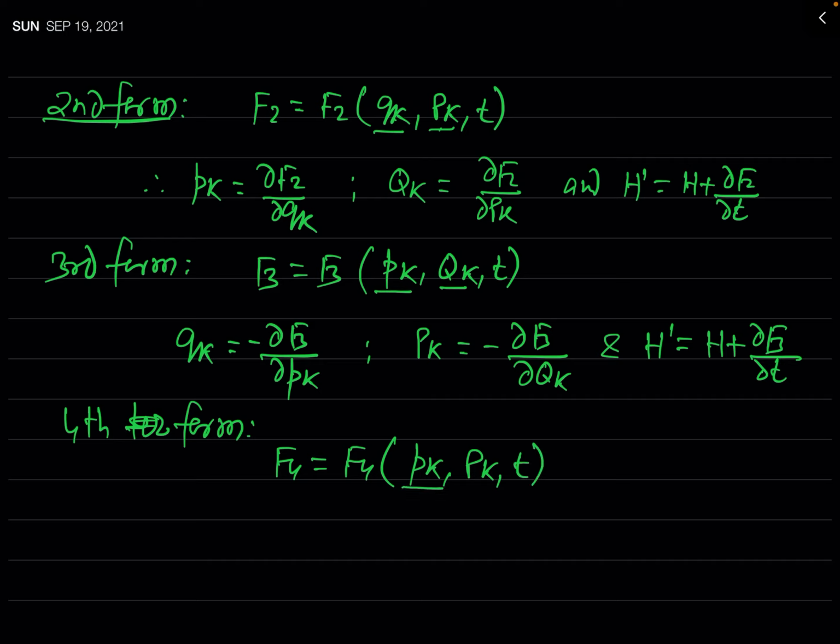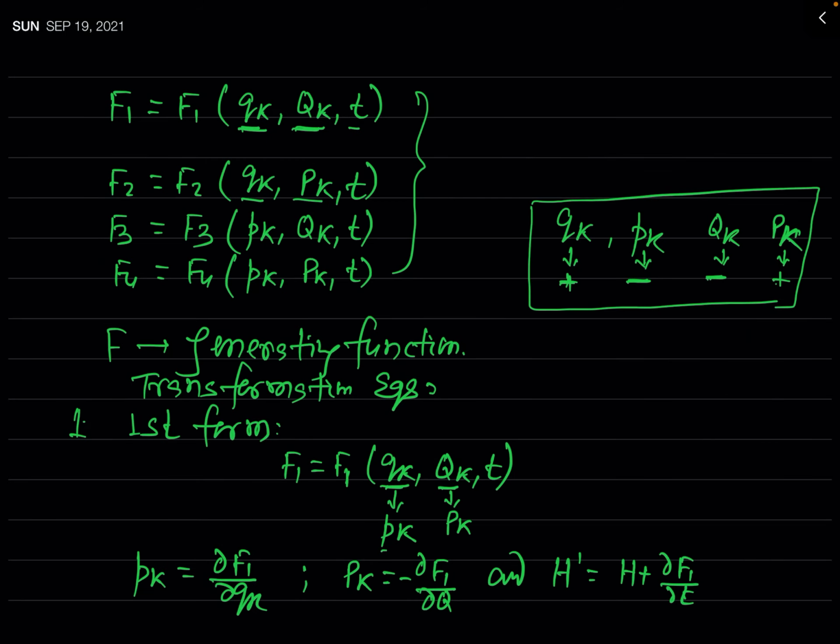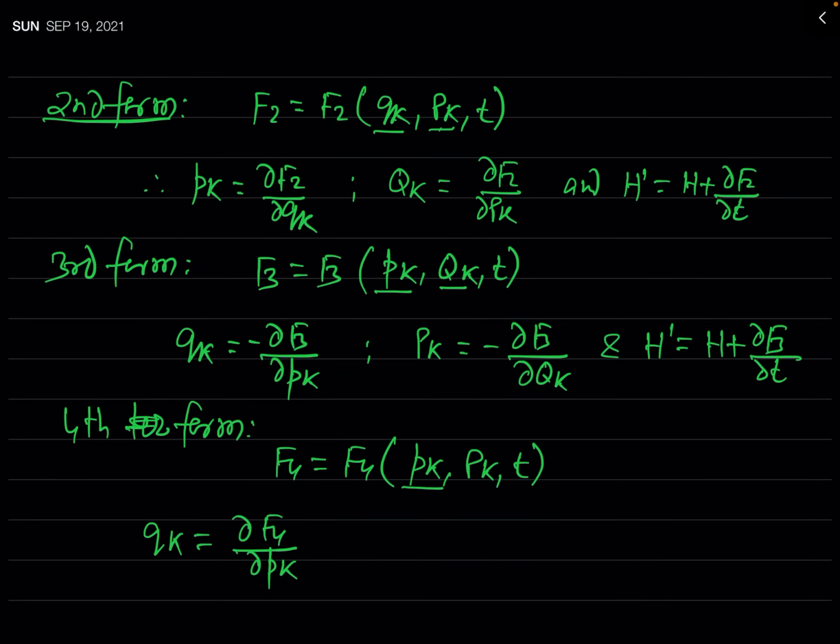Now see, in the argument there is small pk, so you have to find small qk. And for that, now I hope you can do it. This will be del F4 by del pk. And what will be the sign? See here. Since differentiation is partially with respect to small pk, you have to take minus sign.